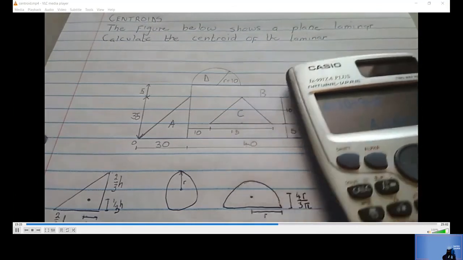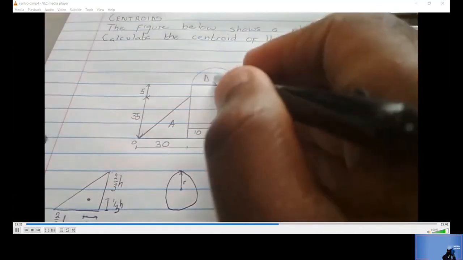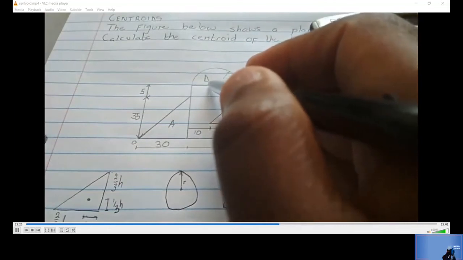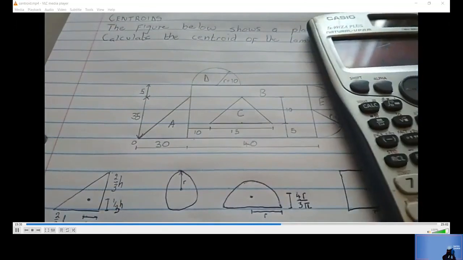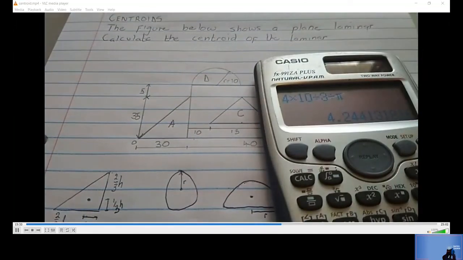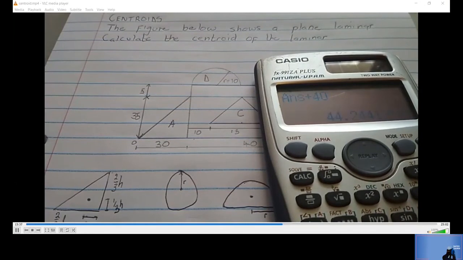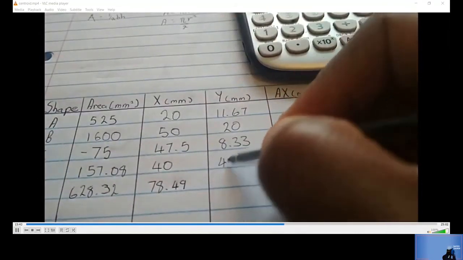We get 4.2. But that's the distance from there to there. We need to add from here to here, which takes us back to the datum, so we're gonna add plus 40. It gives us 44.24. Write it down here.